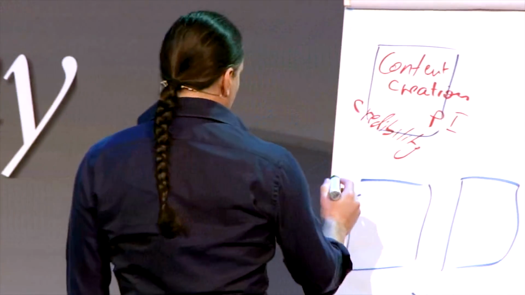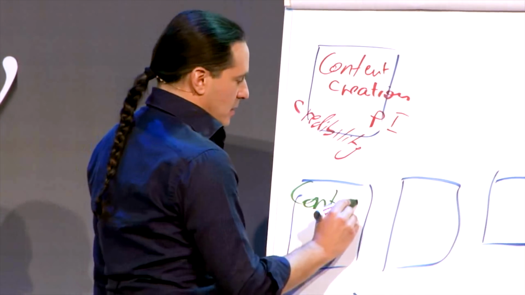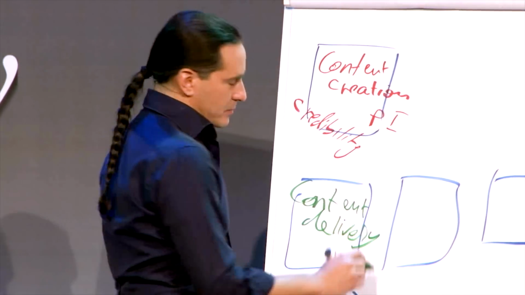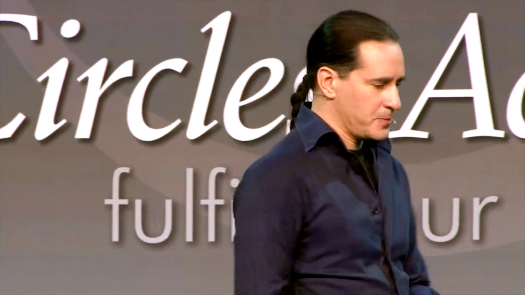Then the next part, the next blog, is what I call content delivery. How do you get this content delivered to the biggest audience, if you want, or to the best audience? It's a mechanism that we need to develop, and I will show you how to do that, but it's a mechanism you need to develop that is delivering your content.